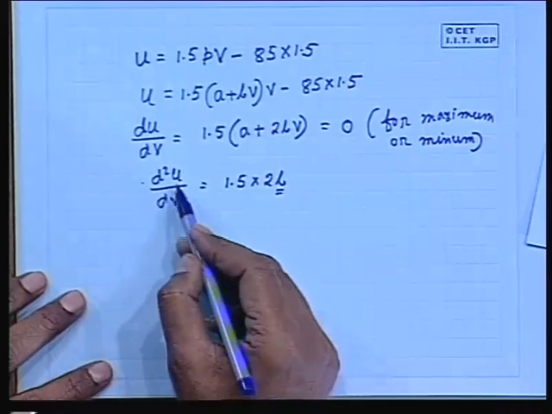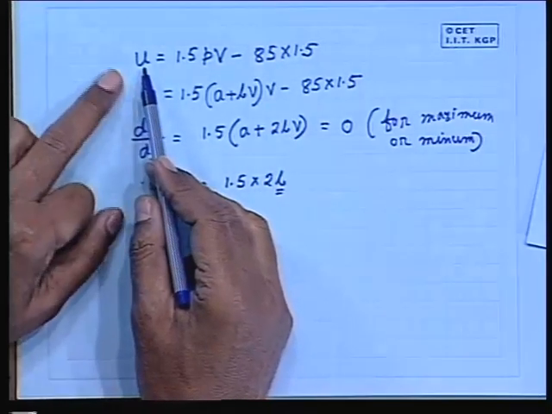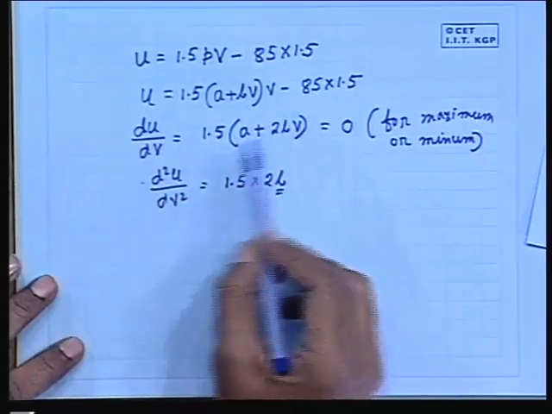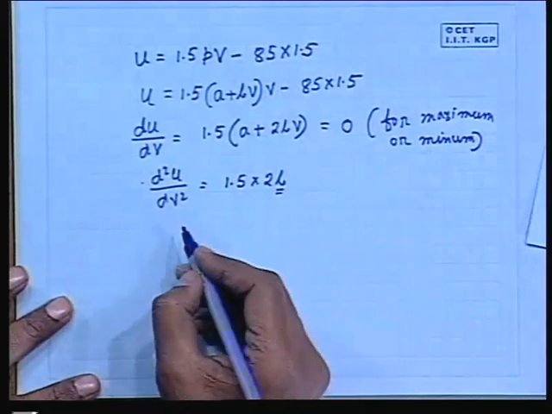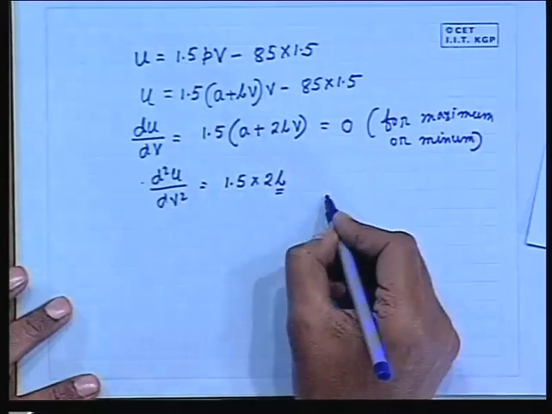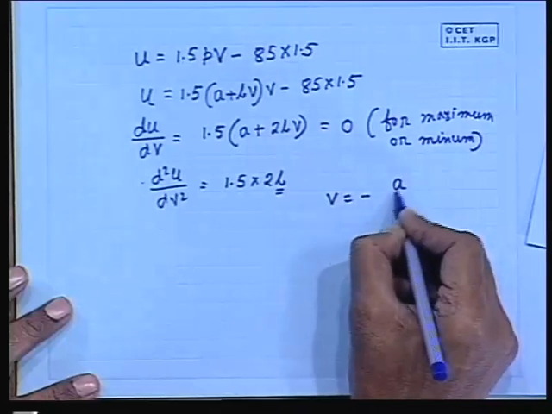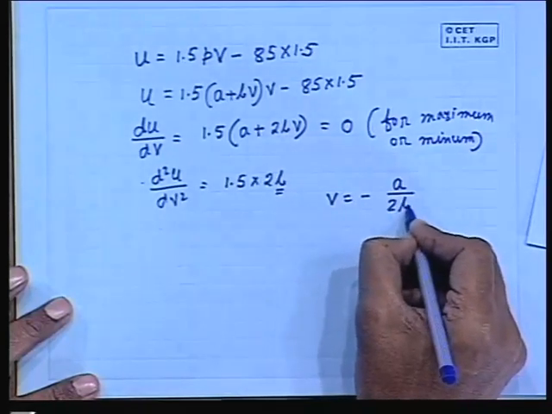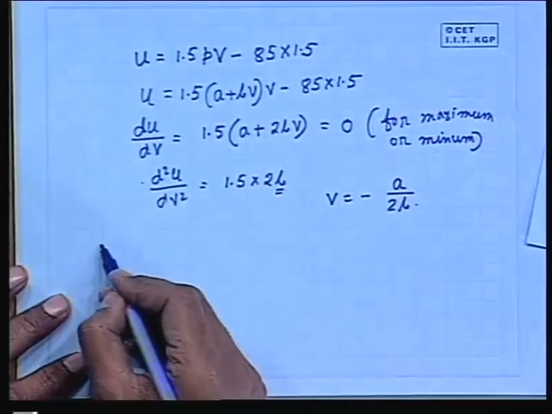So therefore, this shows with these values of A and B, this curve, that means the relationship between U and V, shows only a maximum. So this is the condition for maximum, not a minimum. So that maximum condition is given so that V is equal to minus A by 2B. So therefore, maximum internal energy will be found out.